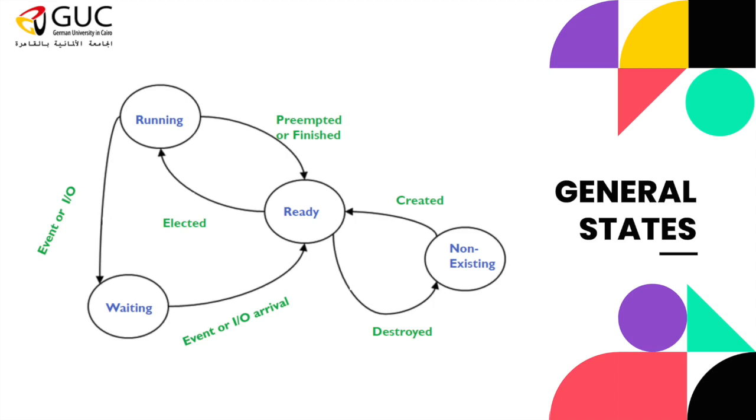However, there is another scenario where a task can move from the running state to the ready state, which is the preemption. So if I'm a task in the running state, however, the scheduler decided to run a different task, this task will be preempted.